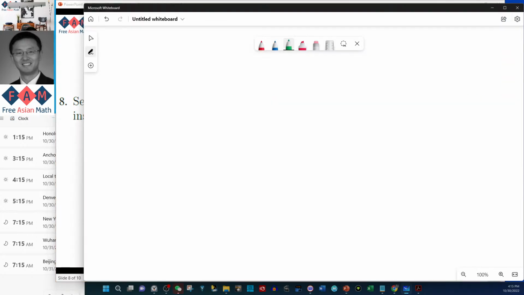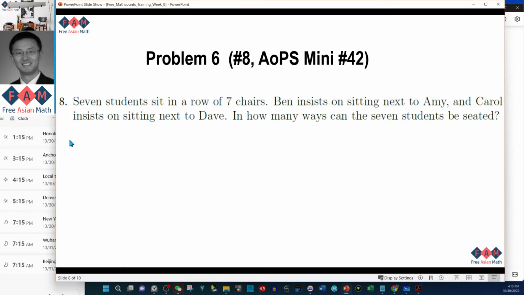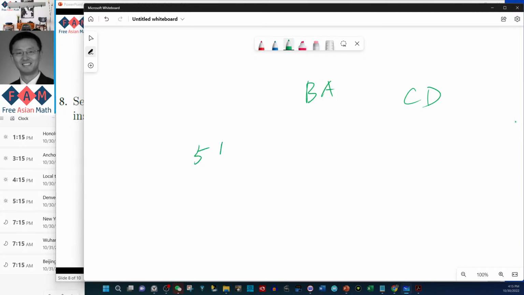If you think of Ben and Amy as one block, and Carol and Dave as another block, then you reduce your 7 students to 5 students, because you now have 2 combo students. And with 5 students, how many ways can you arrange their relative positions? You have 5 factorial.